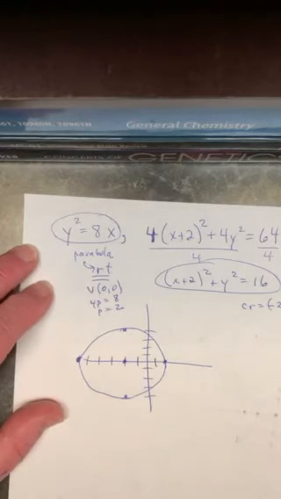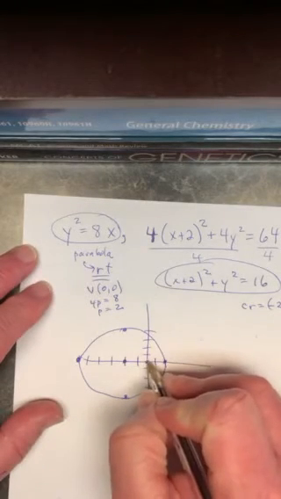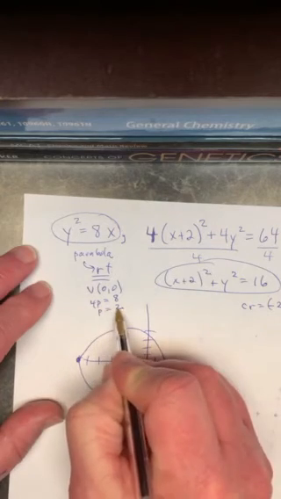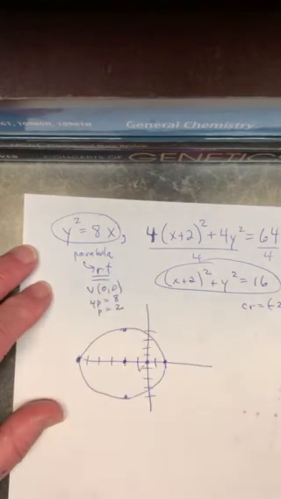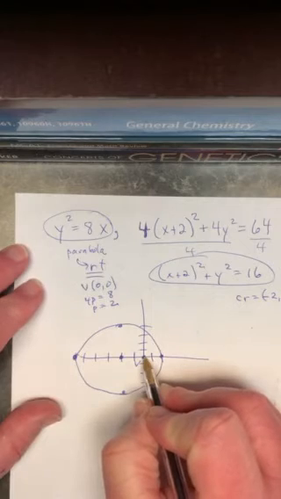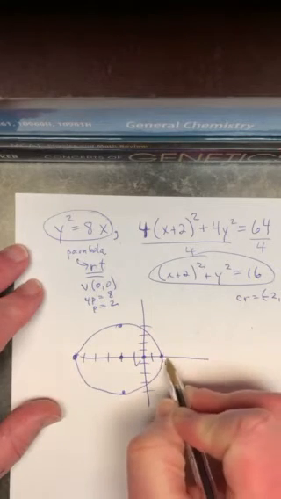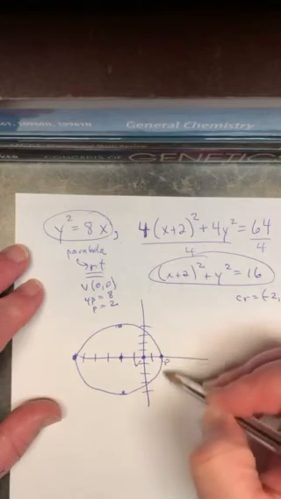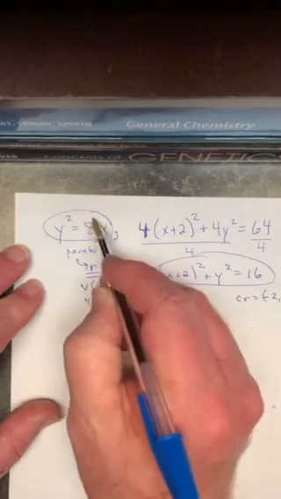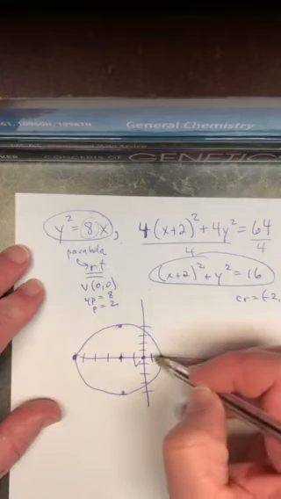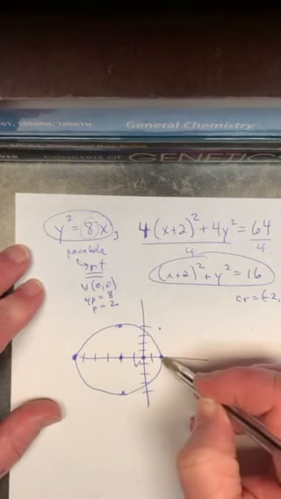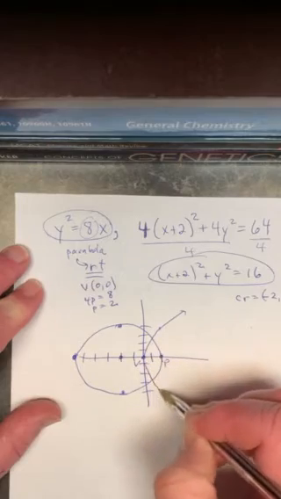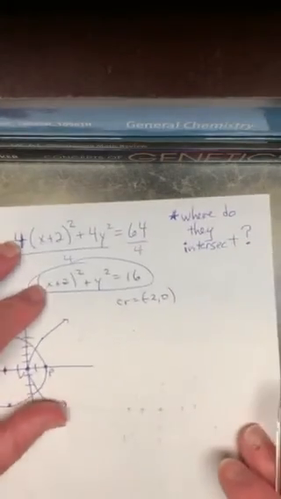So if I go to graph that, the vertex is (0, 0). My focus is 2 units to the right of the vertex, just like yesterday. So I go right 2, and that would be my focus. The segment that you're imagining through that focus is a total of 8. So I'm going to go up 4, down 4, and draw my parabola.